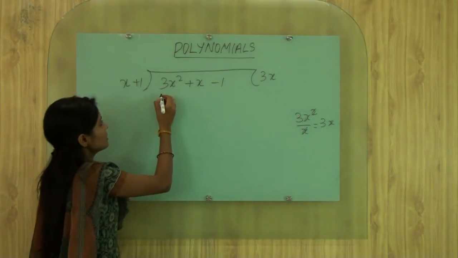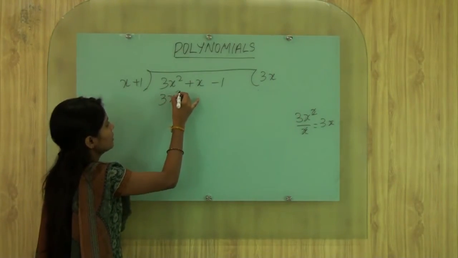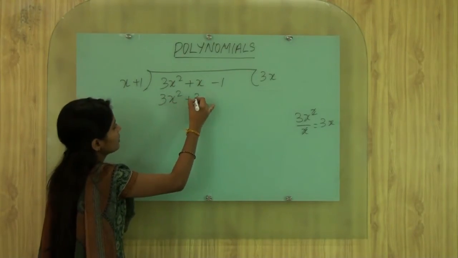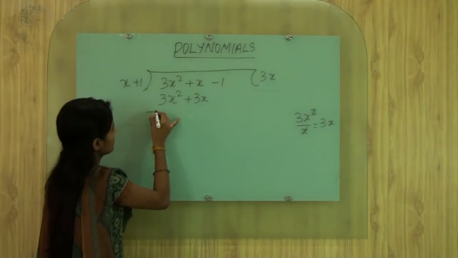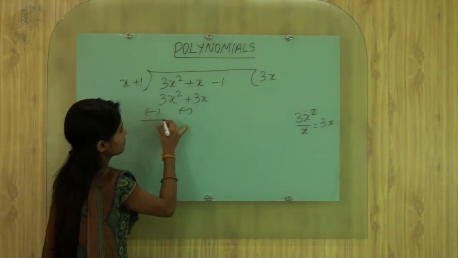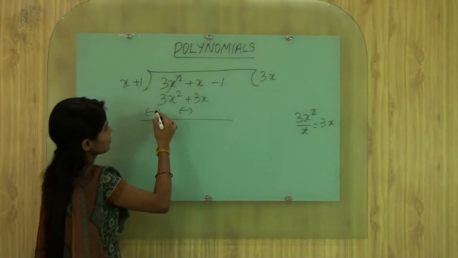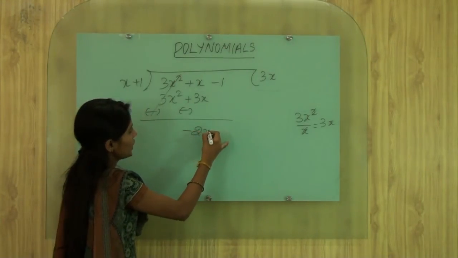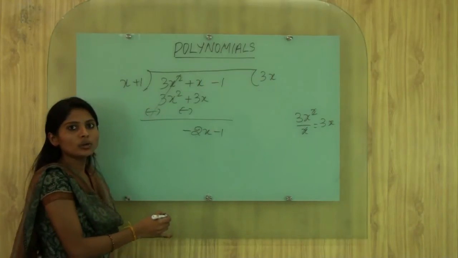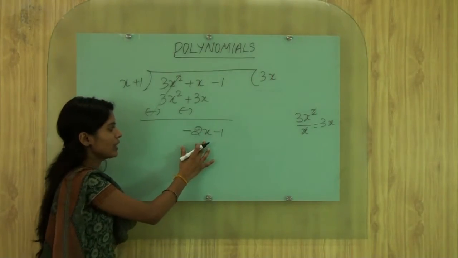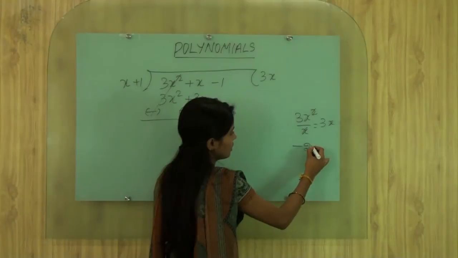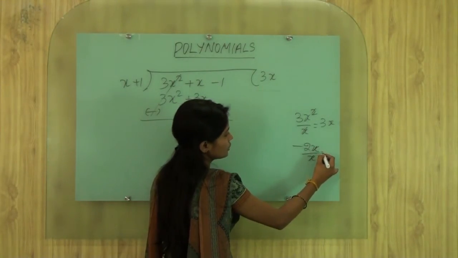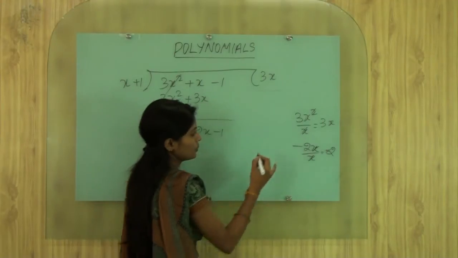3x into x is 3x square. 3x into 1 is 3x. This is minus 2x minus 1. Now consider the first term here, that is minus 2x, divided by x. So you got minus 2.